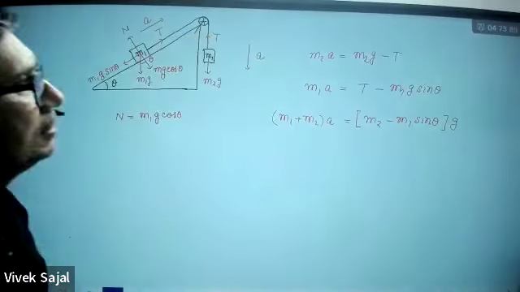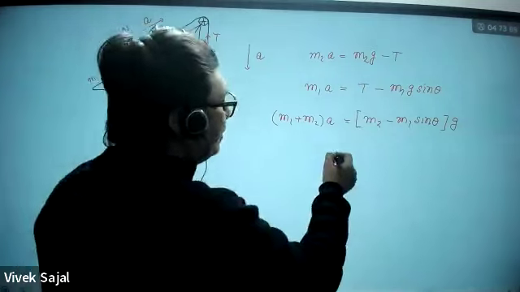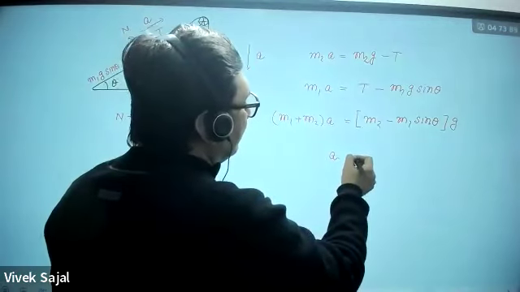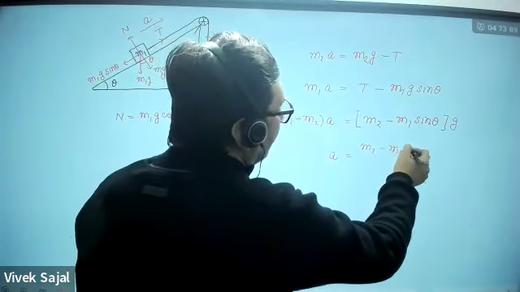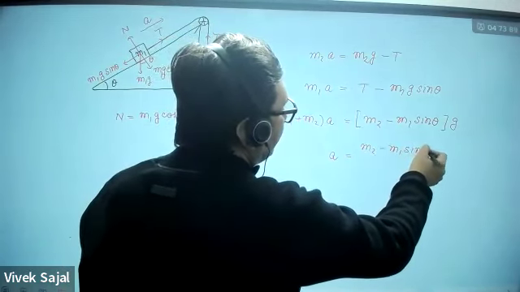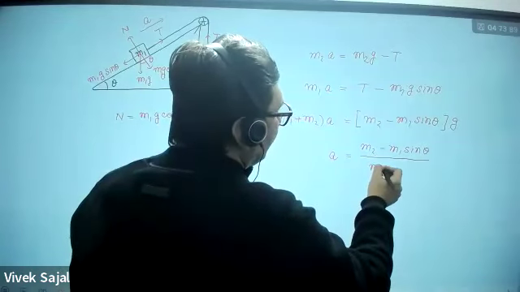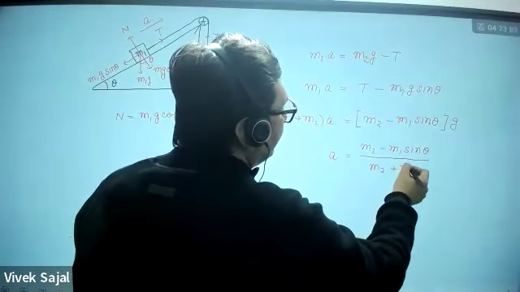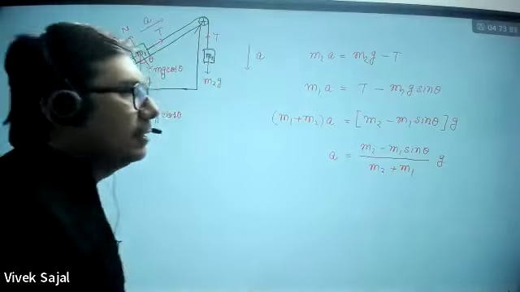This will be (M2 minus M1 sin theta). So what will be the acceleration? Acceleration will be (M2 minus M1 sin theta) divided by (M2 plus M1), into g. This will be the net acceleration.